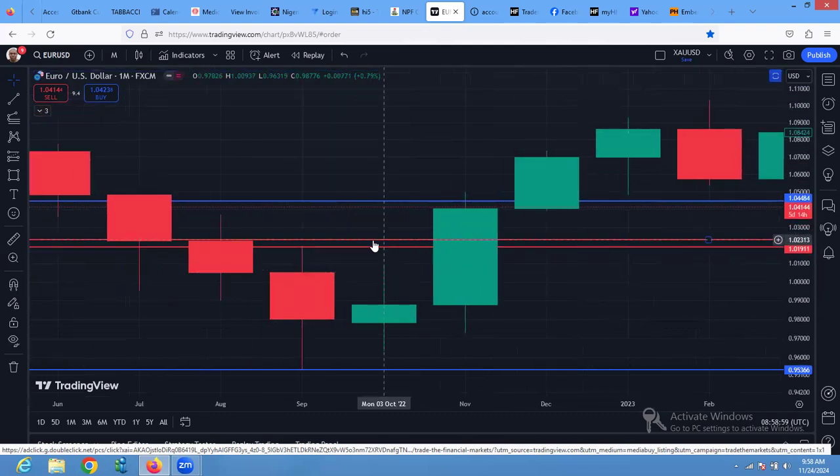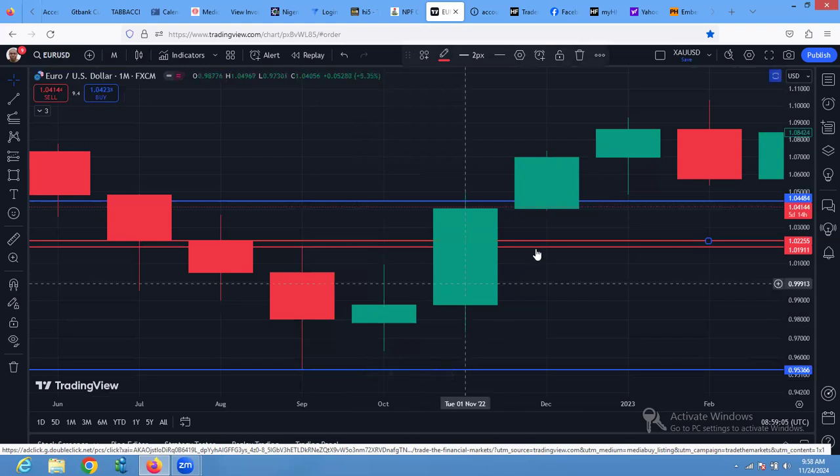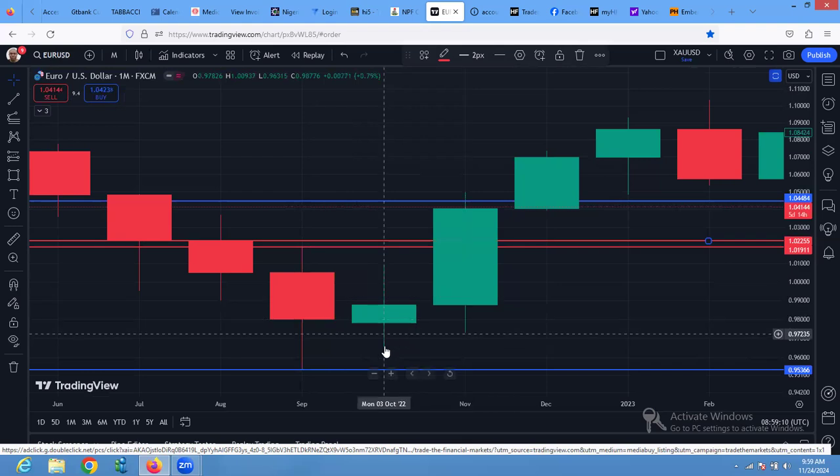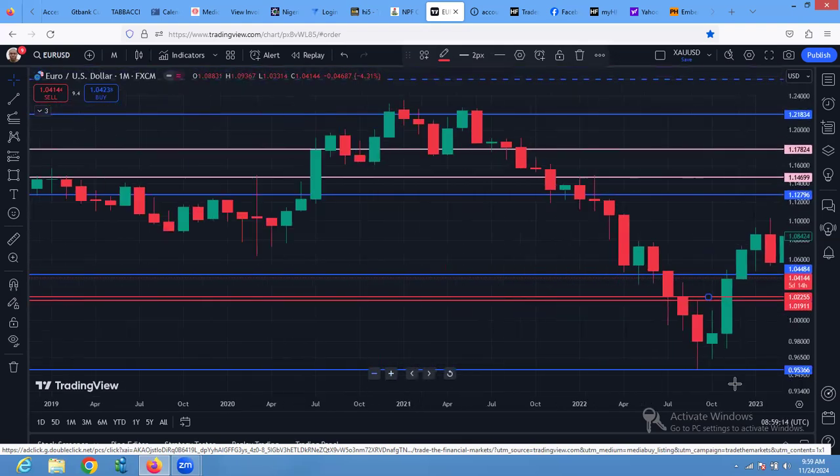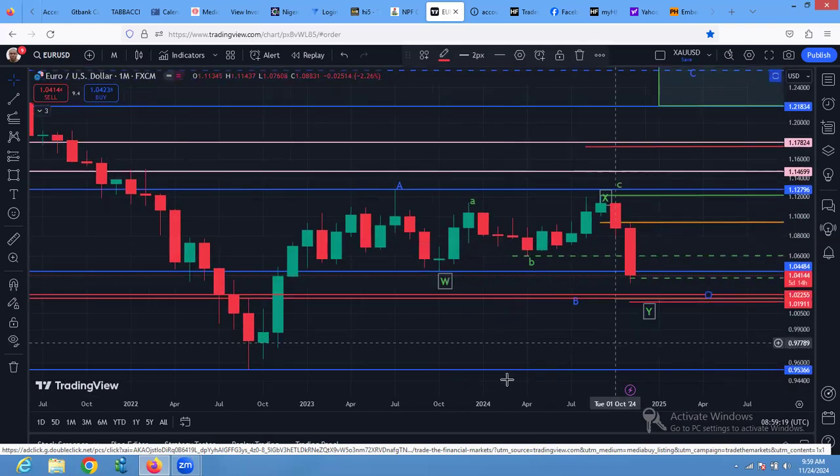I would prefer the one here, but anything between here is good. Once you see price action in that area, it's good to go. Of course, 4-hour price action is enough.